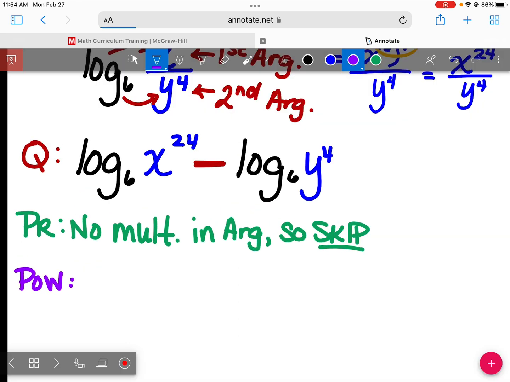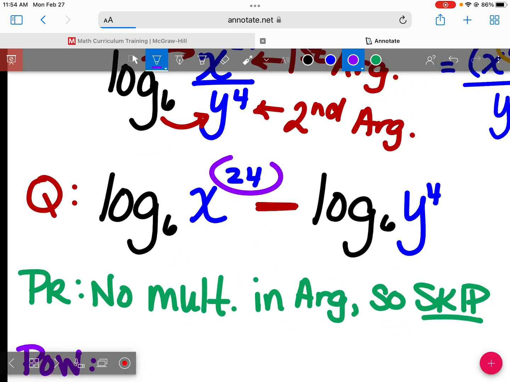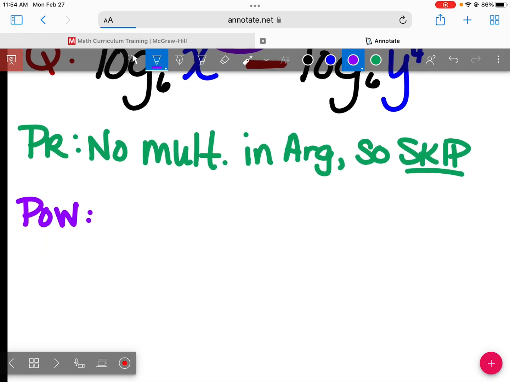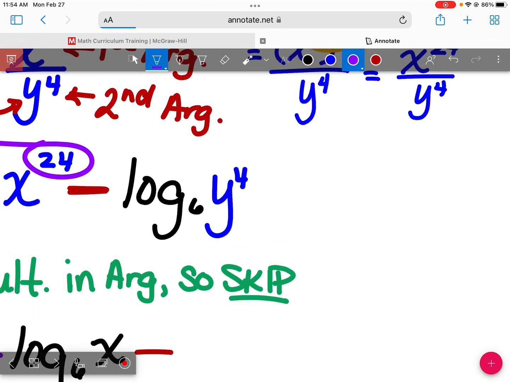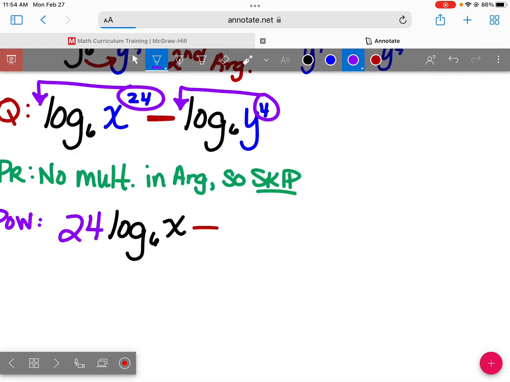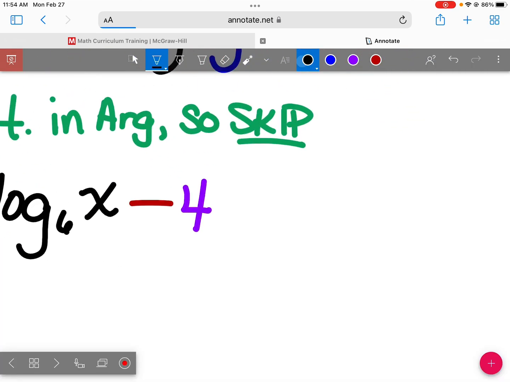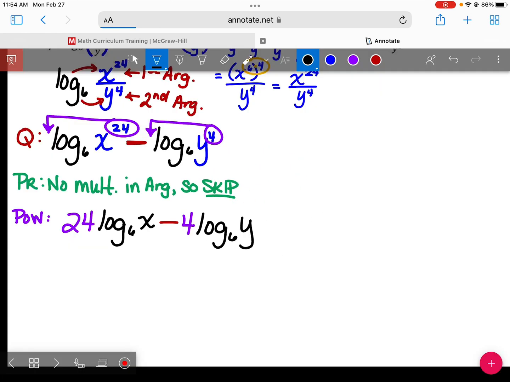Yes. The 24 comes in front of this log, so it's going to be 24 log base 6 of x minus 4 log base 6 of y. You're absolutely correct. Is it fully expanded? Yes.